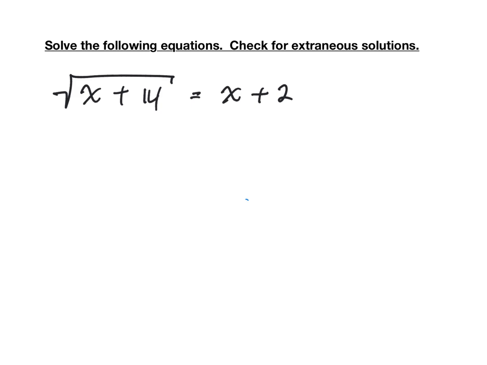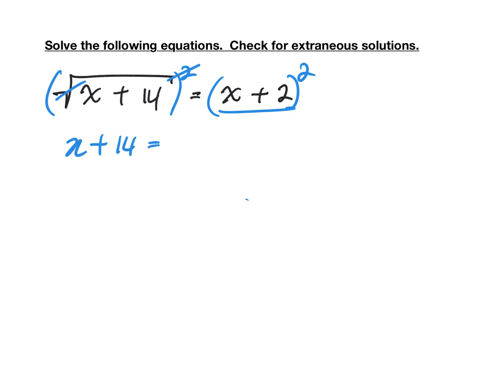Here's another one. So I'm going to raise both sides to the power of 2. Here on this side is x plus 14 only. The other one, if I multiply this together, is going to give you x squared plus 4x plus 4.